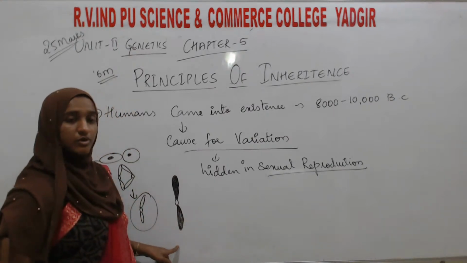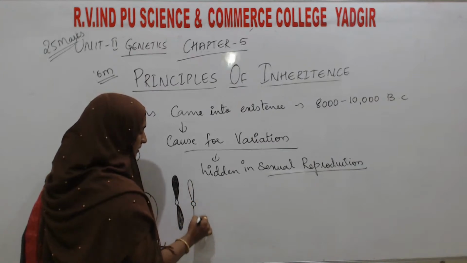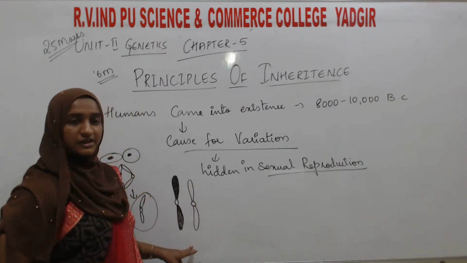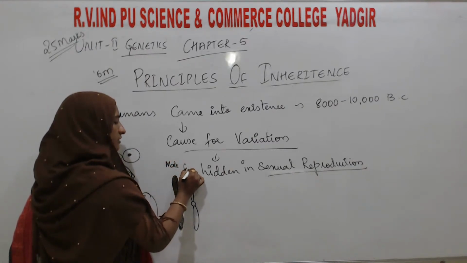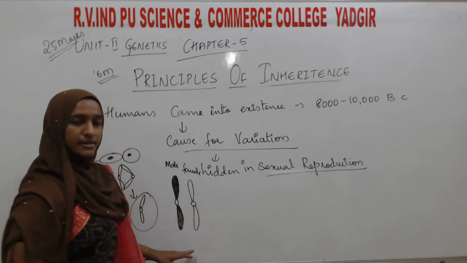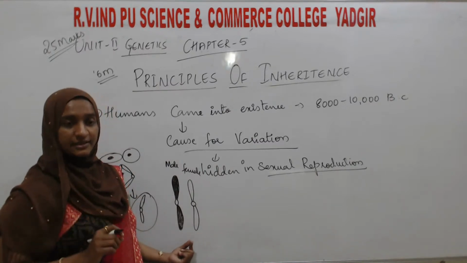This is the chromosome of the male and this is the chromosome of the female. These are two chromosomes, male and female. This chromosome is present in the sperm and this chromosome is present in the ovum.